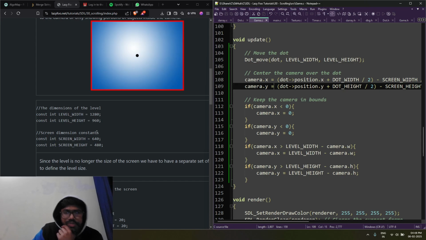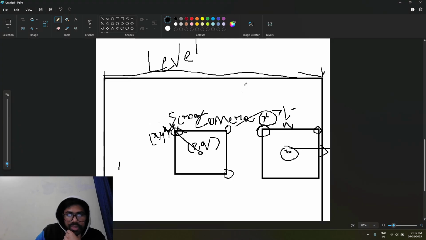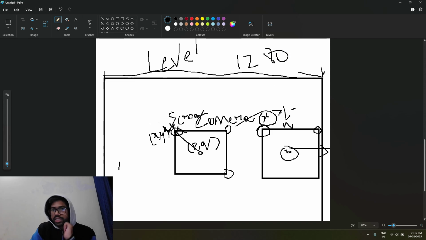It is 1280, and this is 640, with minus camera width.